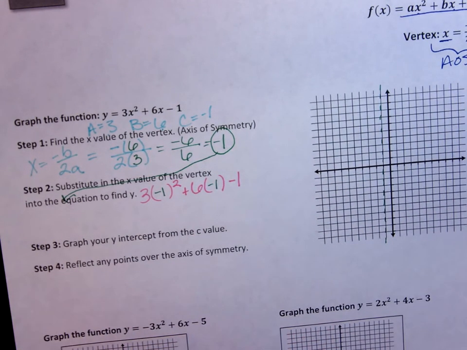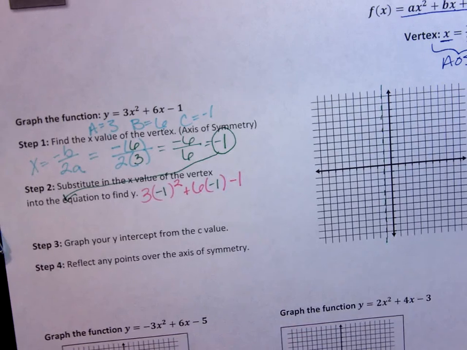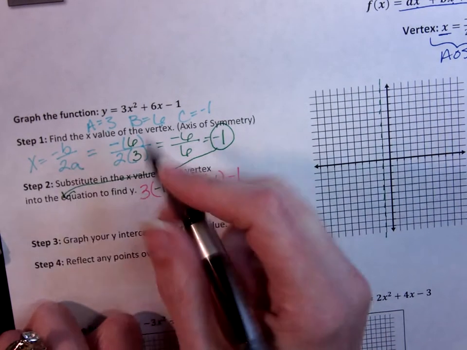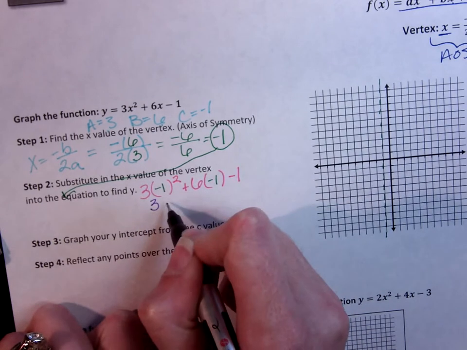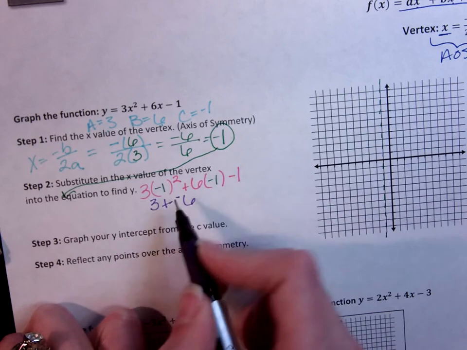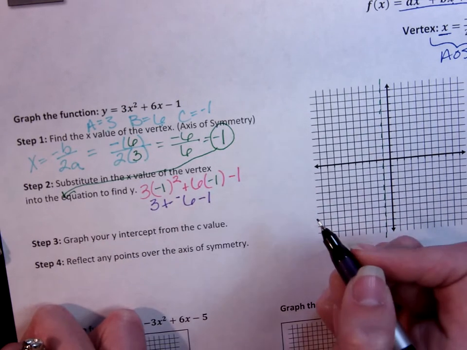3 times negative 1 squared. Remember, that means negative 1 times negative 1 is positive 1, times 3 is 3, plus 6 times negative 1 is negative 6, and if you want to just write 3 minus 6, that's fine, minus 1.